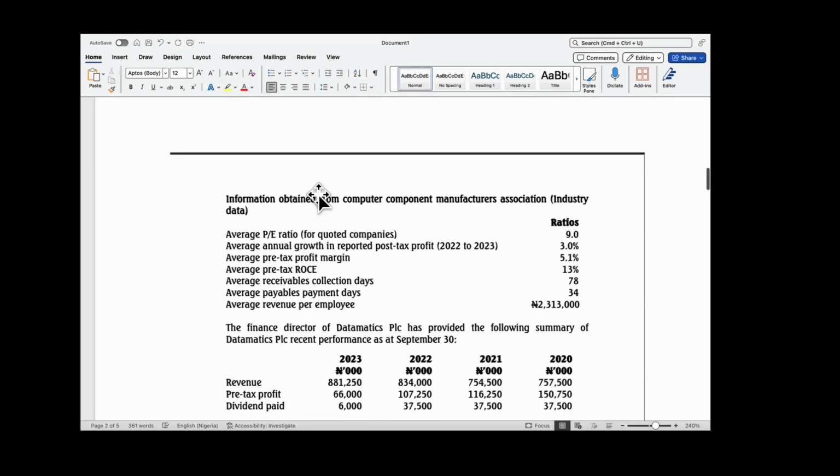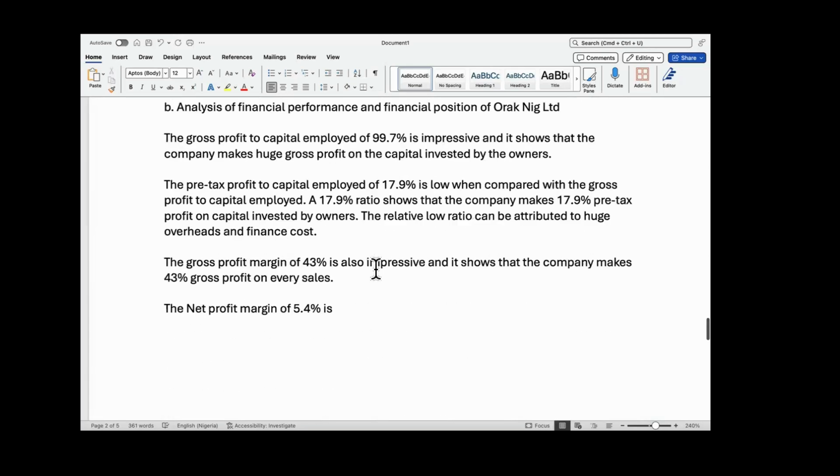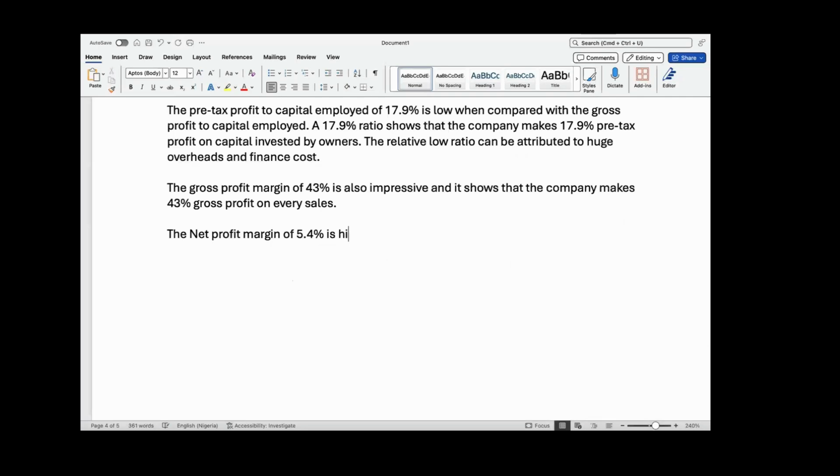I can use that as a basis. Yeah, average tax margin of 5.1%. So it is higher than the pre-tax margin of the industry.